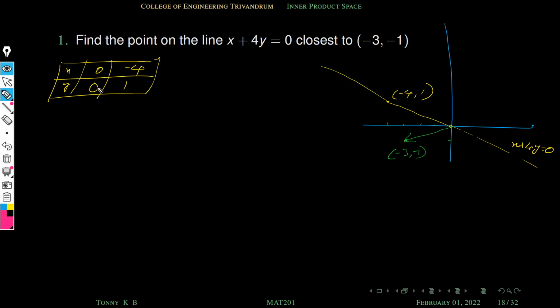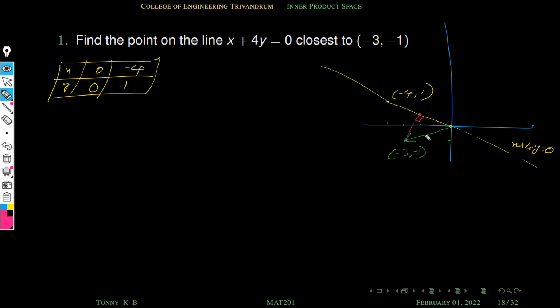When x equal to 0, y also 0. When y equal to 1, x equal to minus 4. Then you locate the points and draw the straight line. Anyway, we have to find the closest point on this straight line from this point. Closest point means you have to identify the perpendicular one. Clear? And this is the closest point.